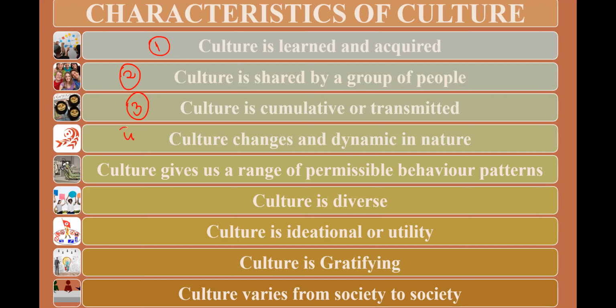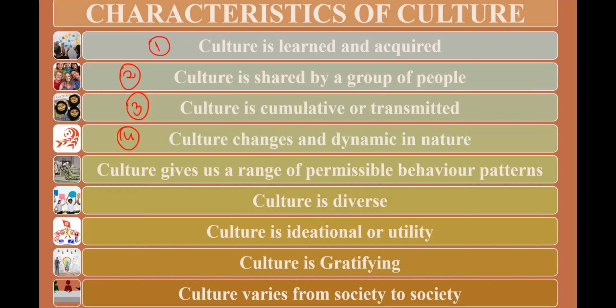Similarly, the fourth characteristic is that culture changes and is dynamic in nature. As we all know, culture is never static. It is always dynamic. For example, the way you wear dresses. Before, the dress code culture was different from the previous era to this era. So there is always a change.